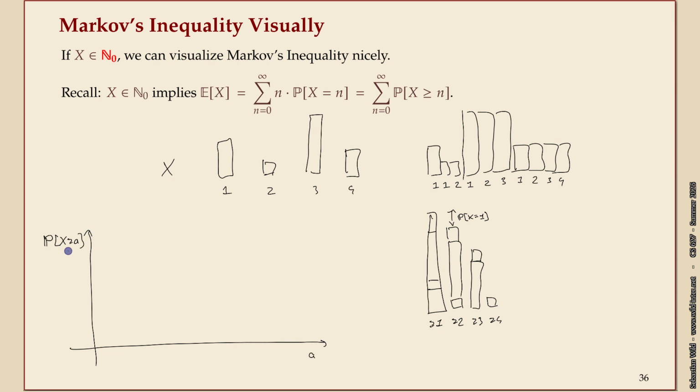Now, this is the inverse of the cumulative distribution function. So this will be something that goes down. In our example, maybe like this. There's a bigger step down here. And then, okay, one more step and then 0.